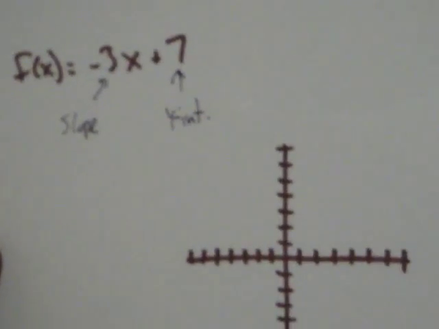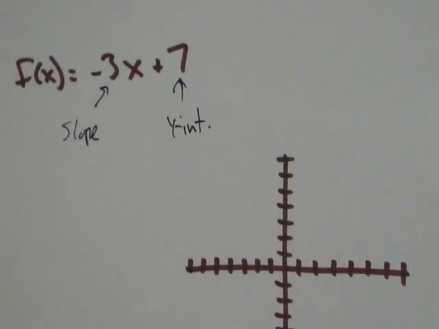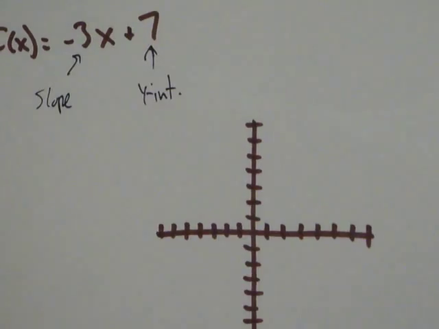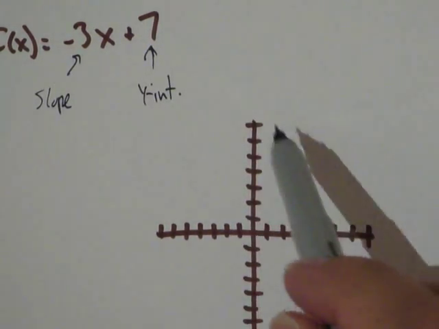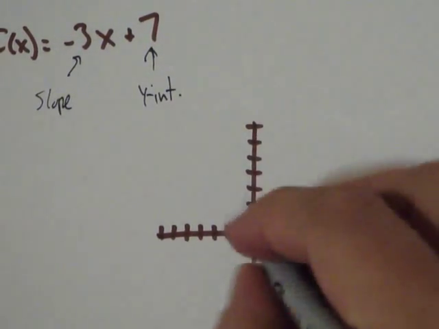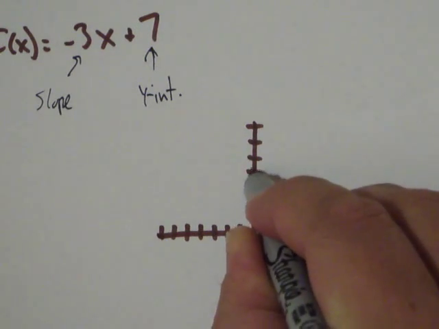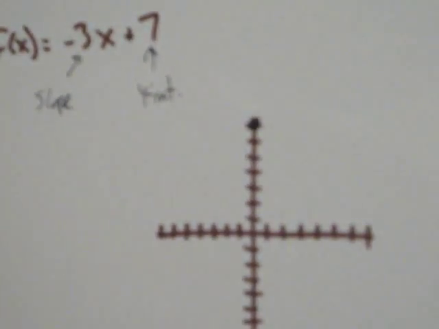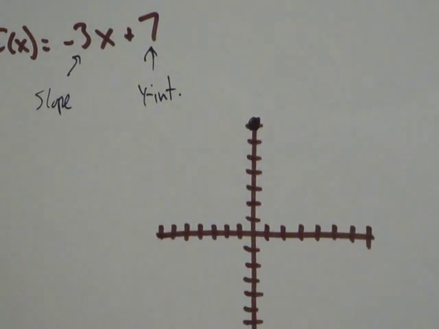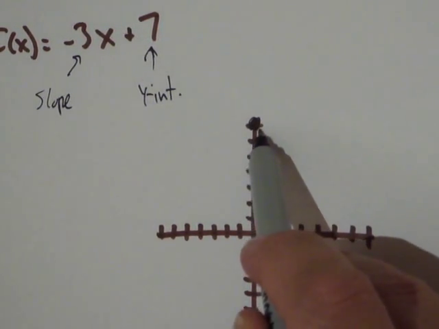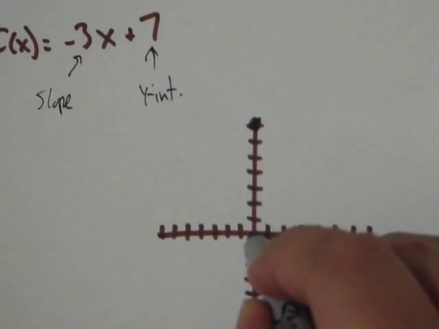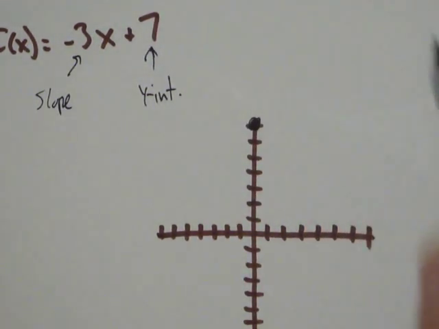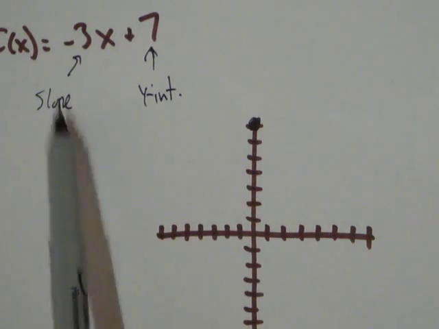When it has a y-intercept of plus 7, it's going to cross the y-axis at plus 7. So we go up 7, 1, 2, 3, 4, 5, 6, 7, and the graph is going to cross right there. That's one point we know on the graph: the point (0, 7), because of the b number.